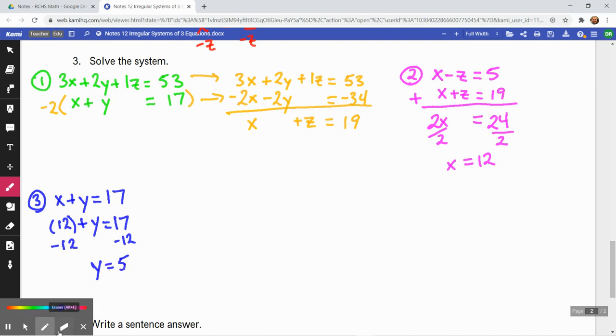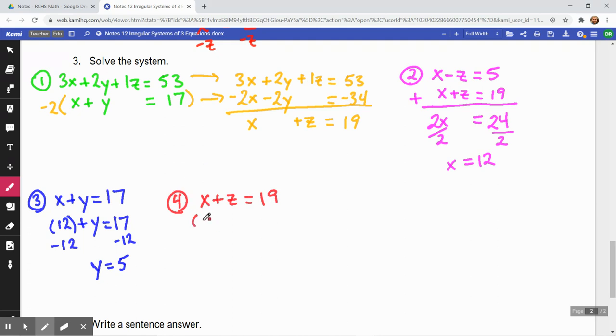We still need to know what z is equal to, okay? And so we have options. We can either go find an equation to substitute this 5 in for y, or you see that there's this equation right here that says x plus z equals 19. And if we just use our x value again, remember, we still know that x is equal to 12, we can use that here, and that's going to allow us to solve for our last variable.